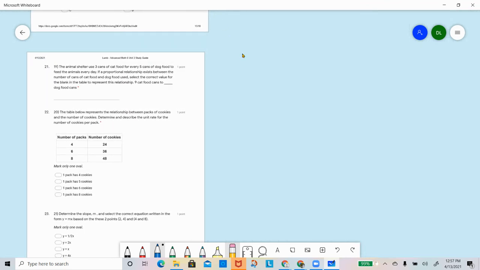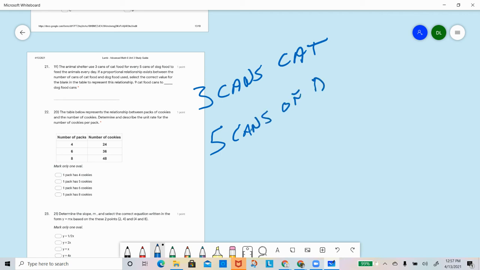Okay, 21. Well, let's read through this. It says the animal shelter uses 3 cans of cat food for every 5 cans of dog food. If a proportional relationship exists, if I have 9 cans of cat food, so I have 3 to 5, I want to know if I have 9, what do I have here?